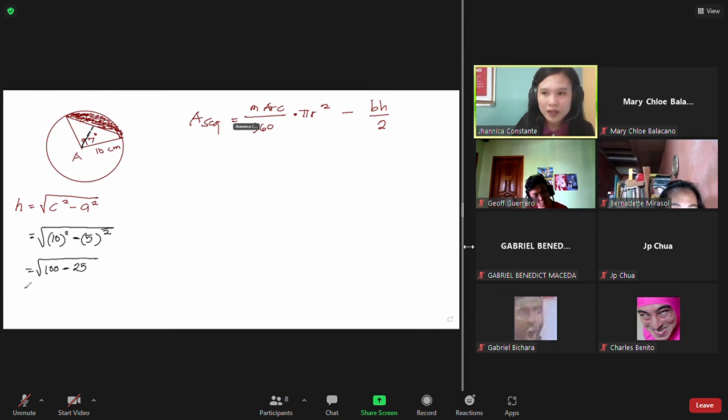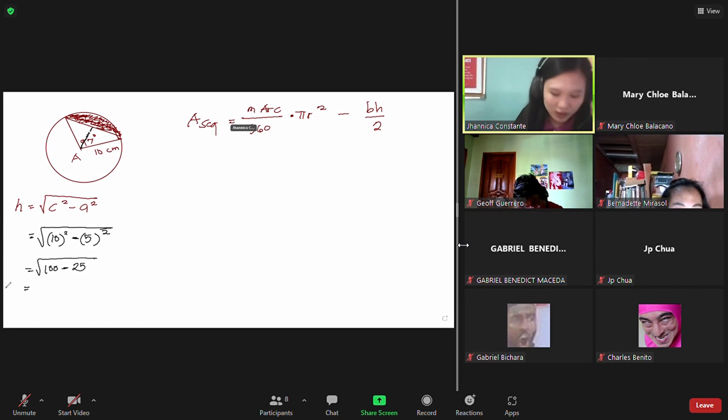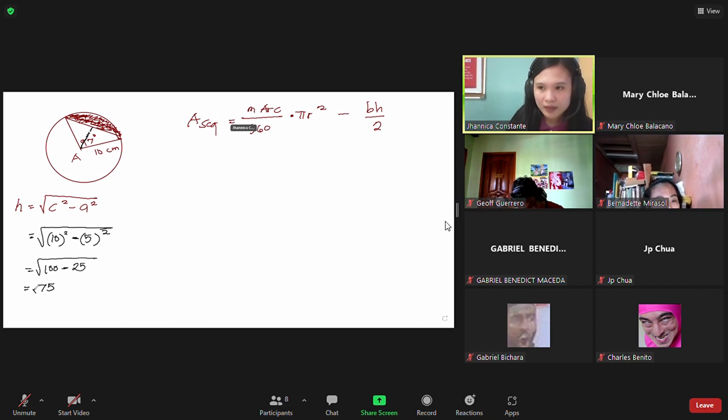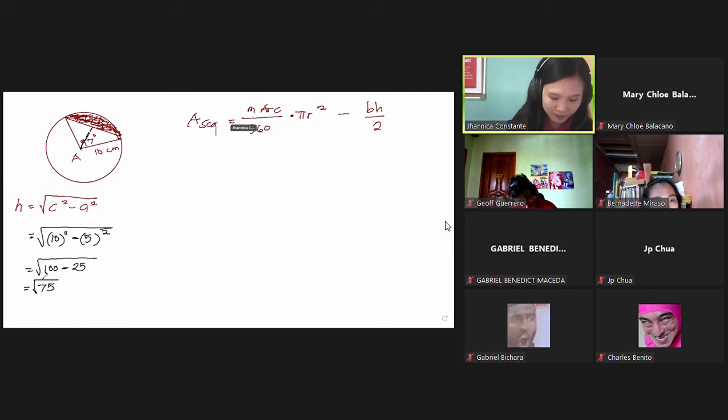So 100 minus 25 is equal to 75. The square root of 75 is equal to 8.66. So that is the height of the triangle that we will be needing in finding the area of the segment.